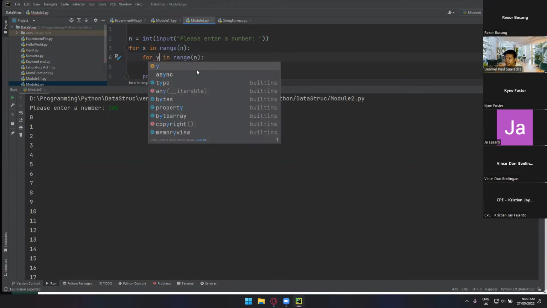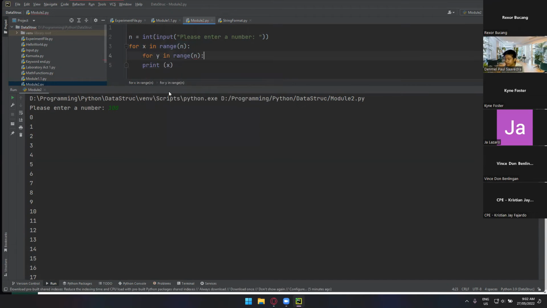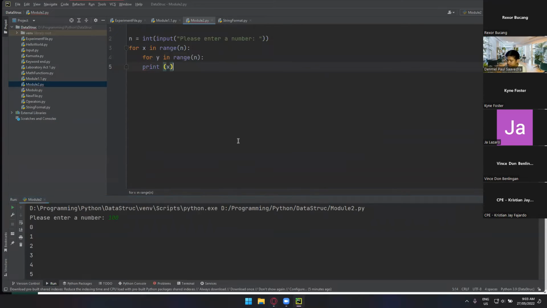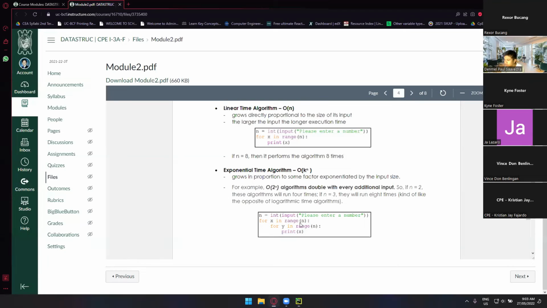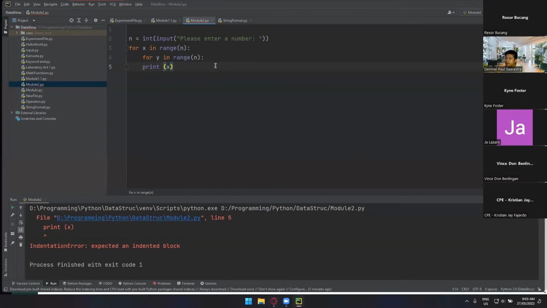For y in range n, print x. For x, print x.